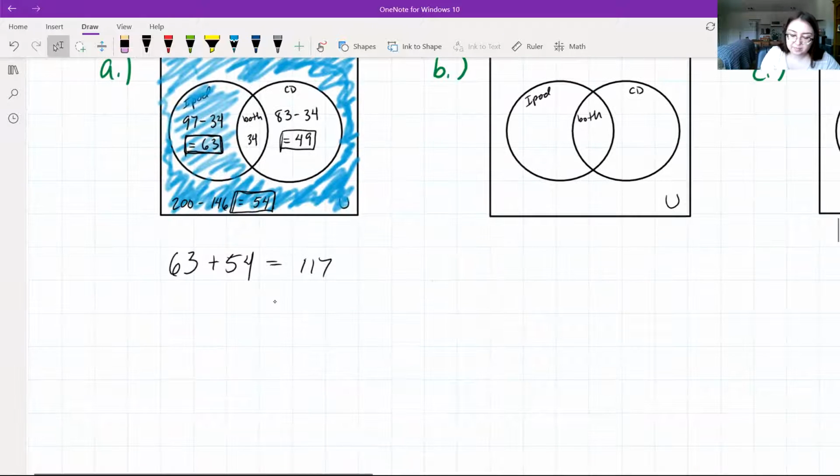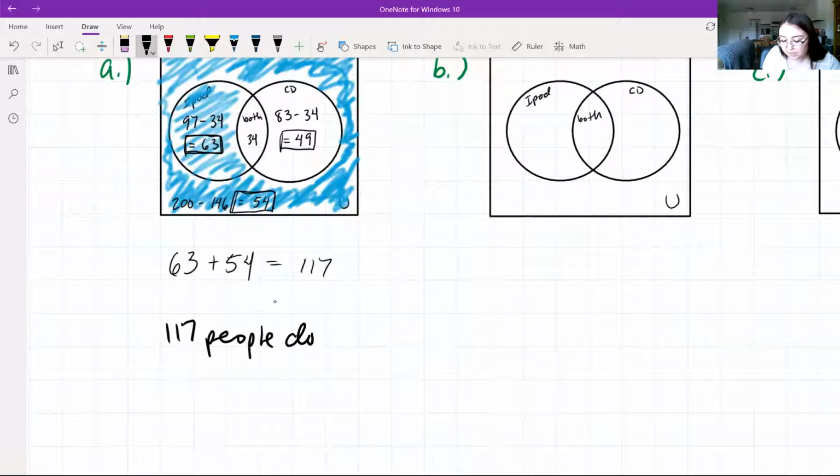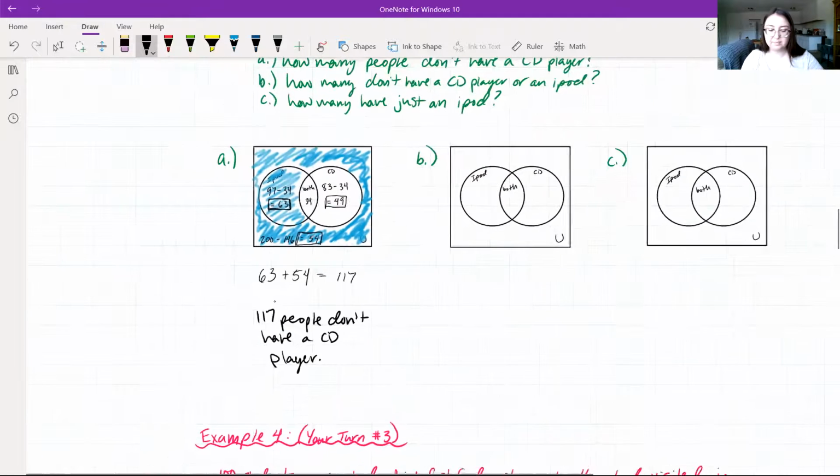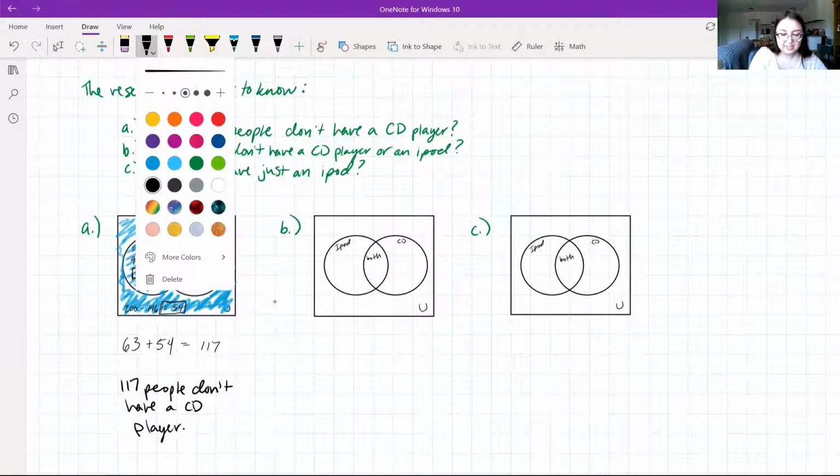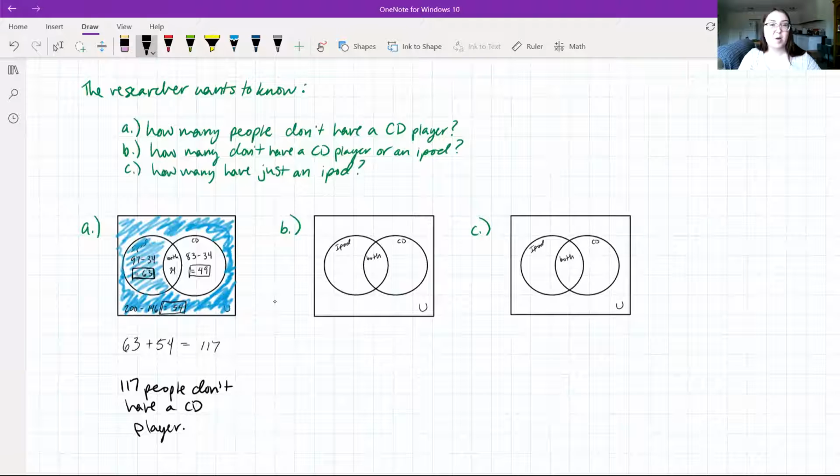So we say 117 people don't have a CD player. All right, so that is how we use our real life applications in Venn diagrams.